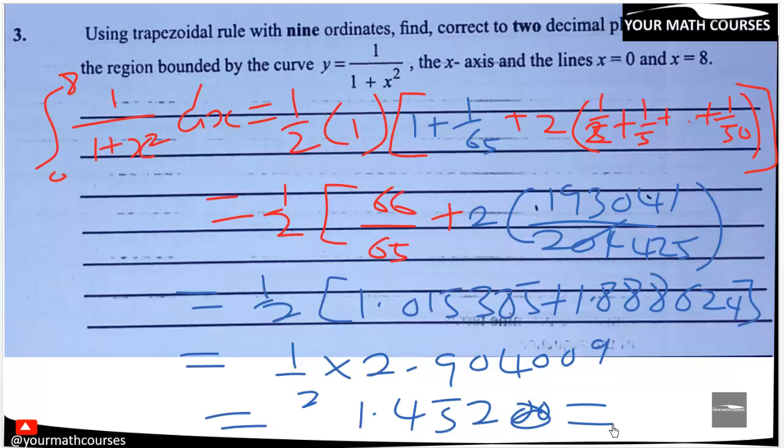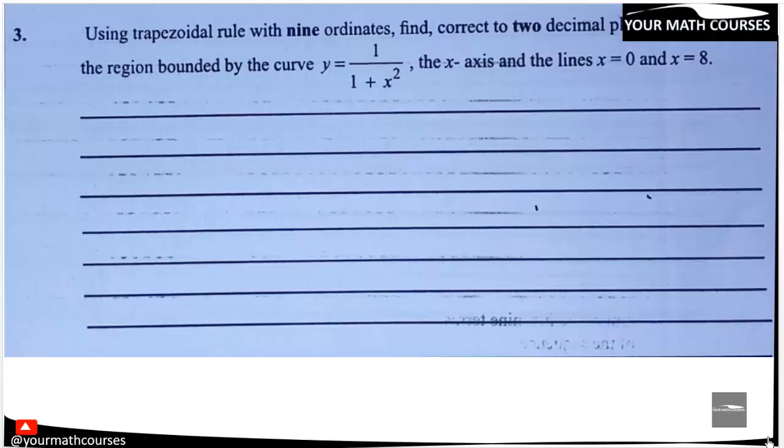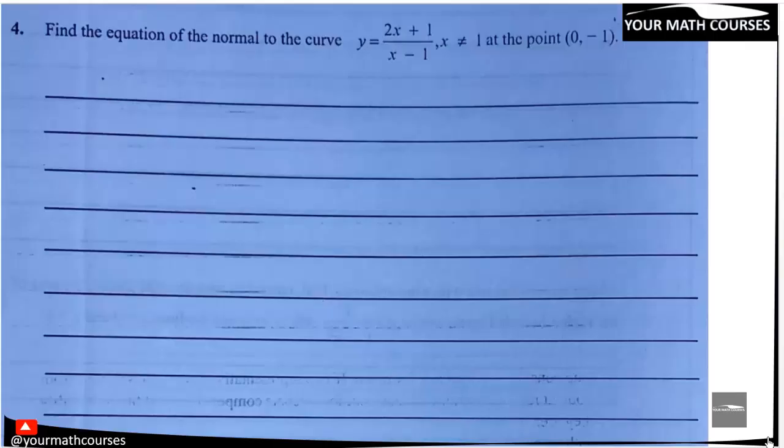So to 2 decimal places, we have 1.45 square units. So that is what this trapezoidal rule gives us.